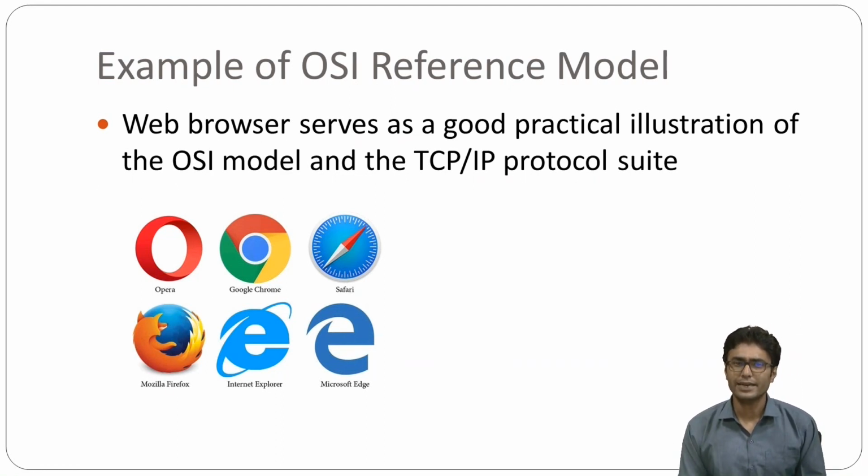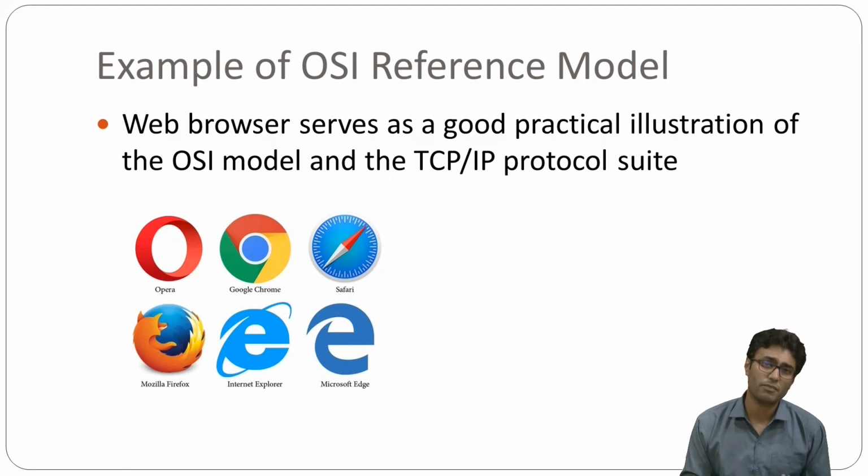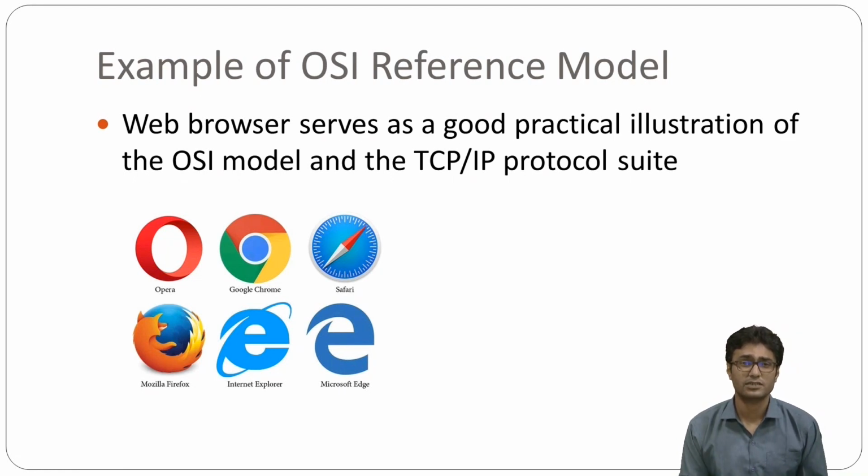Now the internet can provide data in a wide variety of formats. So a function of the presentation layer covers common formats on the internet like HTML, hypertext markup language. Then we have XML, extensible markup language.